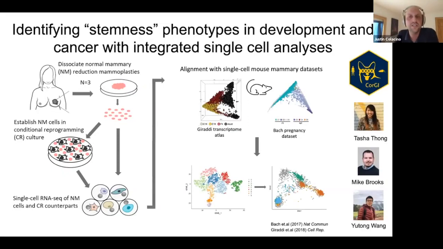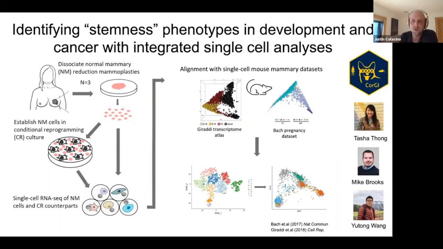Then we wanted to do an integrated analysis similar to what Sue was talking about, where we take advantage of this rich set of publicly available data that describes mouse mammary gland development in utero, and then early in adulthood, and then in full adulthood, and also what's happening during pregnancy.